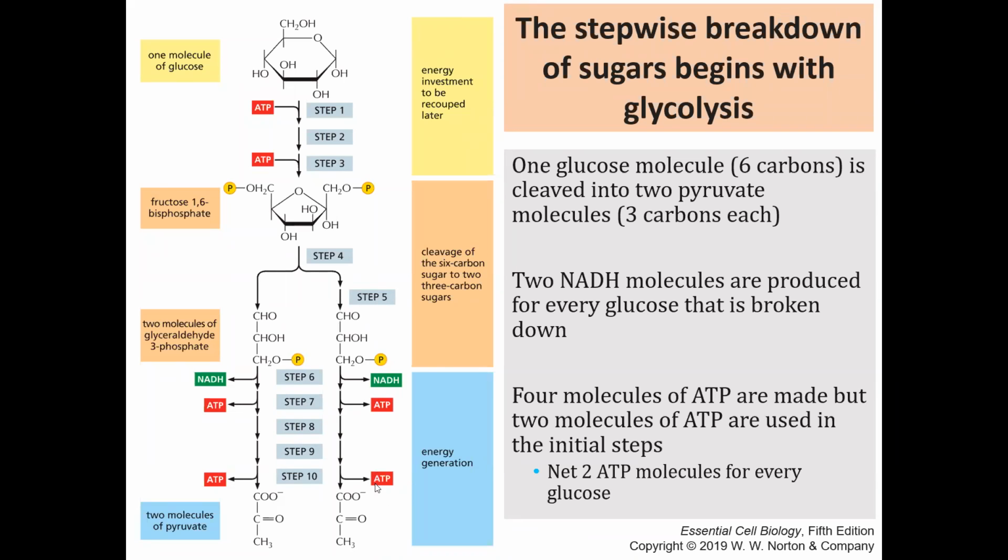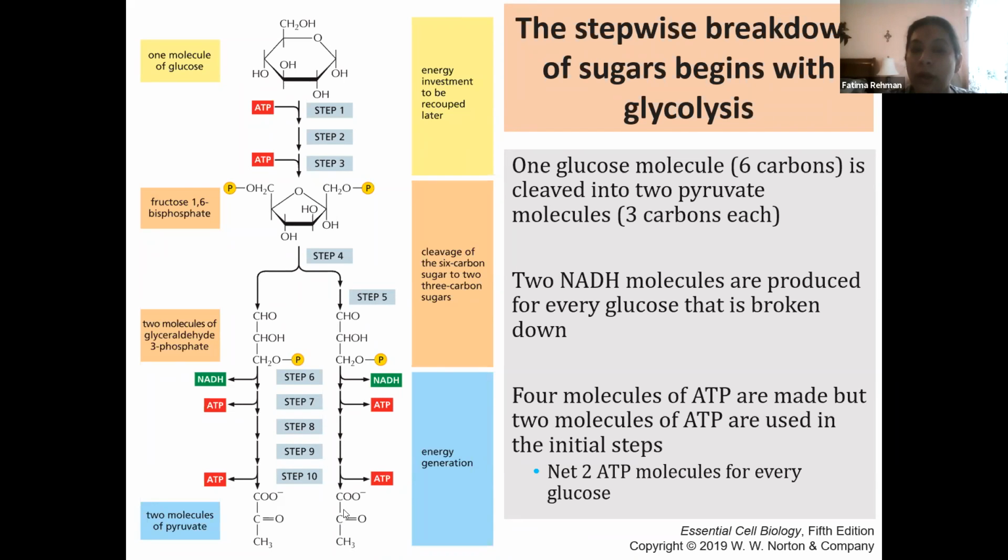Now, each one of these 3 carbon chains will give you 2 of the ATPs and an NADH molecule. So step 6 through 10 is where you're generating the energy. The first 3 steps are where you're investing the energy by taking 1 ATP at a time onto your initial glucose molecule to charge it so that it has some unstable bonds that can then be cleaved.